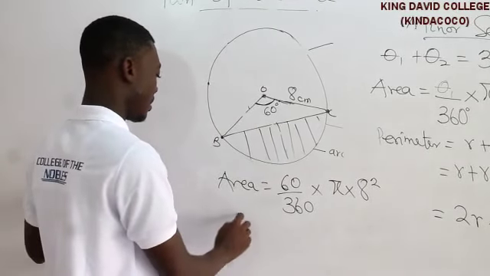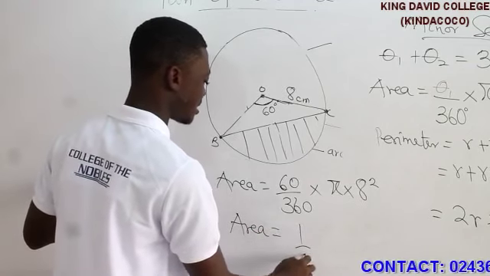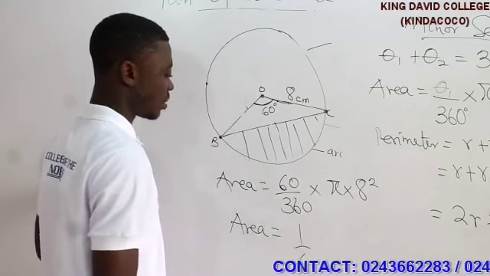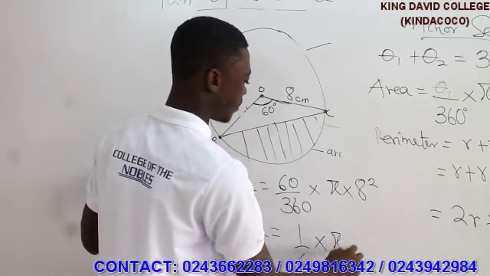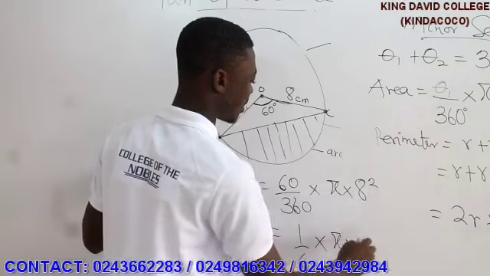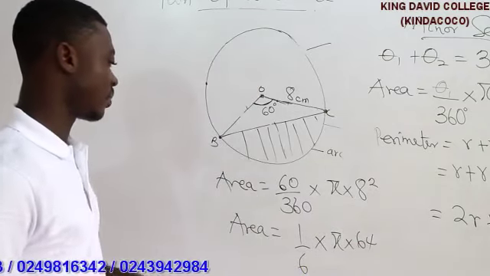So the area is just going to be 1 over 6 times pi times 8 squared, which is 64.